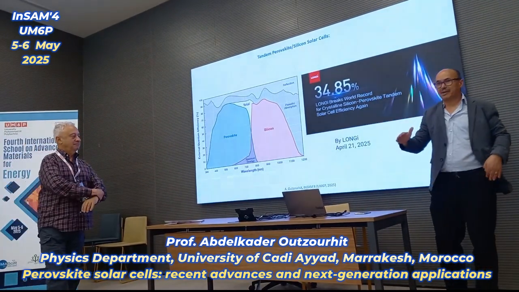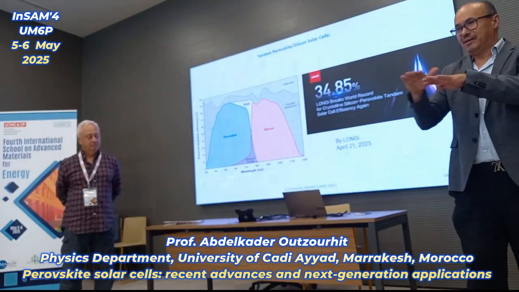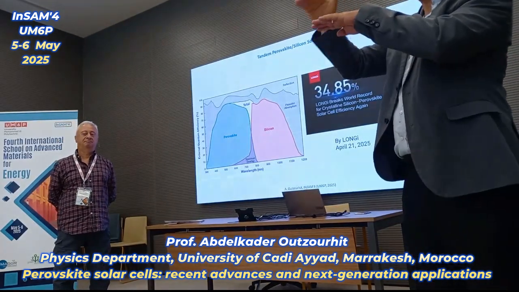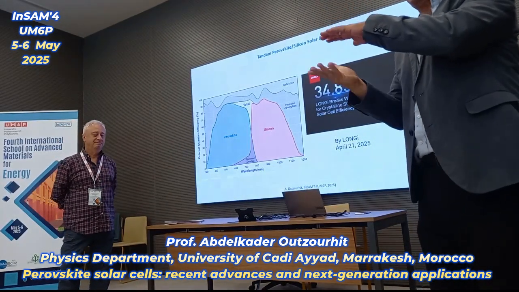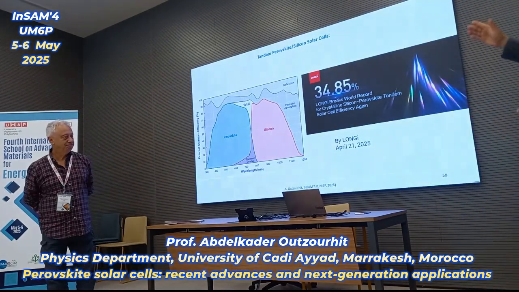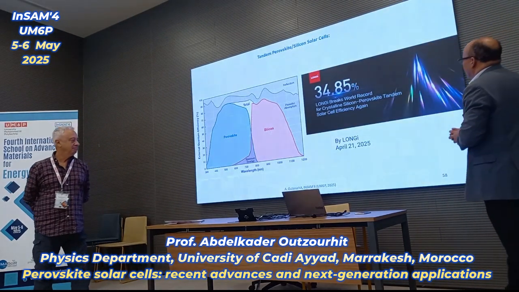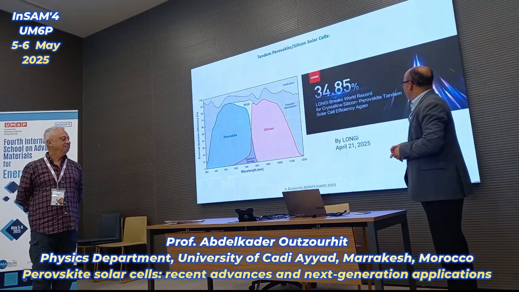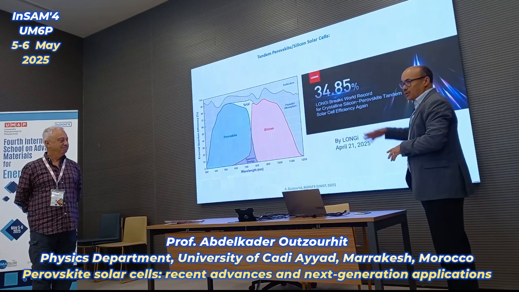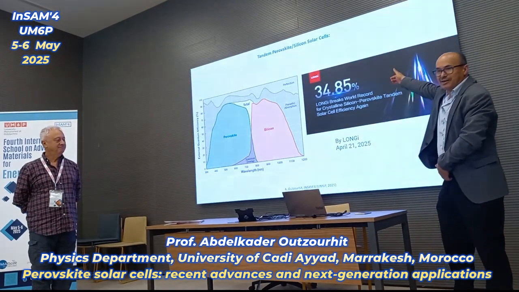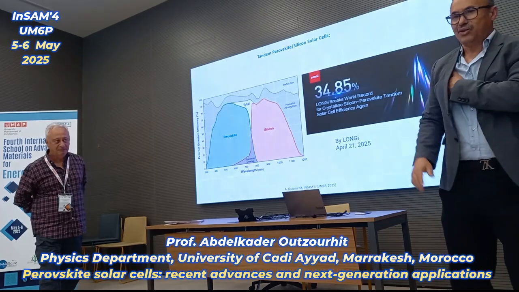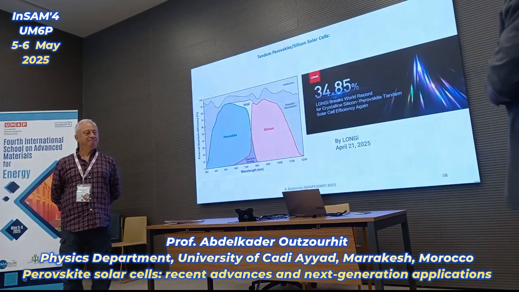But this is for tandem, that means a two-cell configuration. We have a perovskite cell on the top and a silicon cell on the bottom. So they reached 34.85% efficiency. Maybe you'll find this breakthrough in the NREL table for this month. Okay, thank you very much.